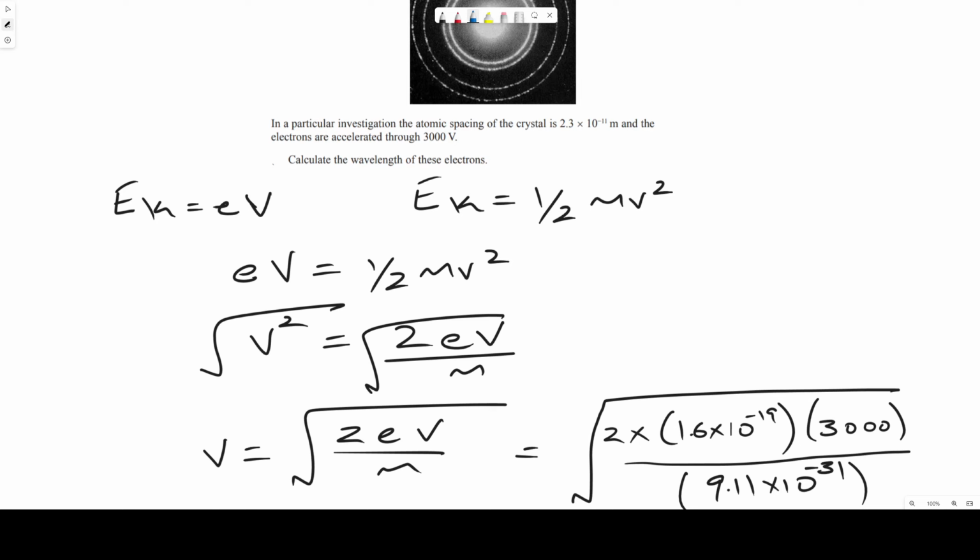The reason I need to find velocity is so that I can put it into de Broglie's formula for wavelength, which uses Planck's constant. Like I said, there are a couple of other ways to do this, but this is the method which I feel is the best approach.